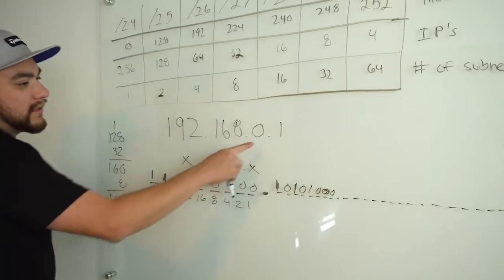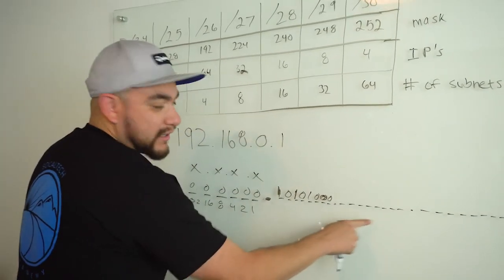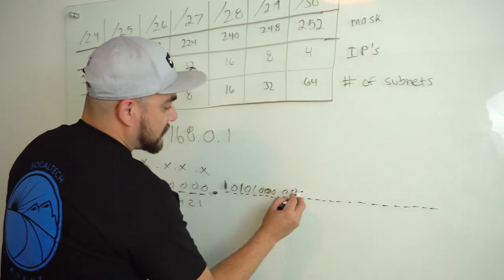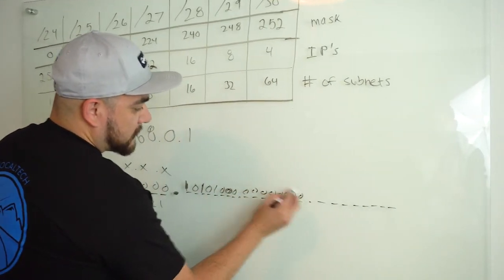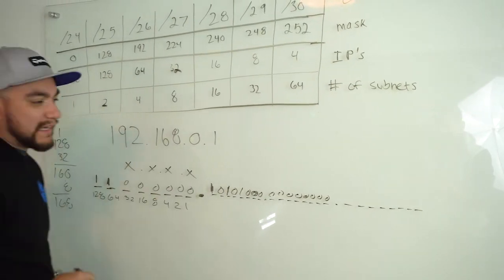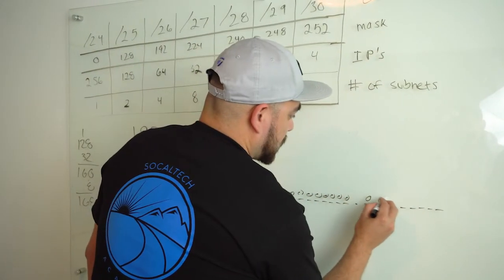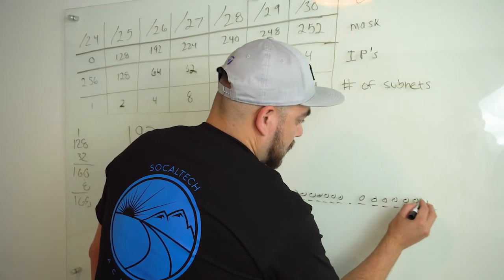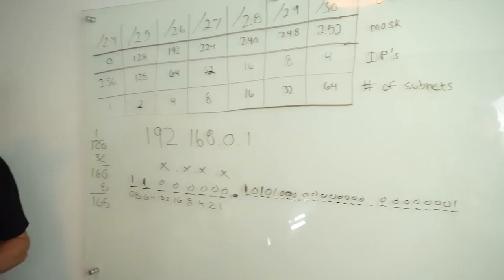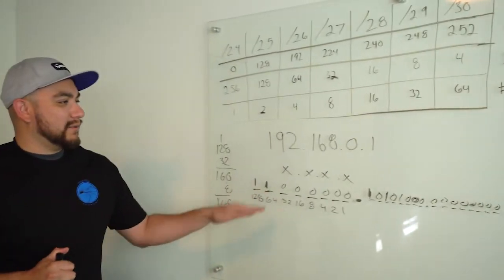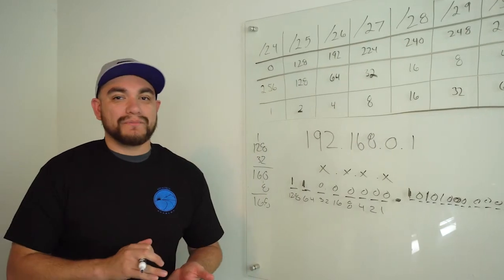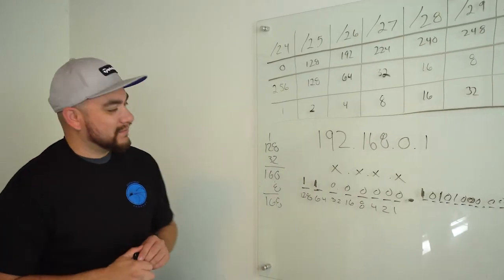Okay. Dot 0 for the third octet, so we turn off all the bits. Dot 1, very simple, the last bit. Now, that is what an IP address means when we cut it down to bits, 1s and 0s.